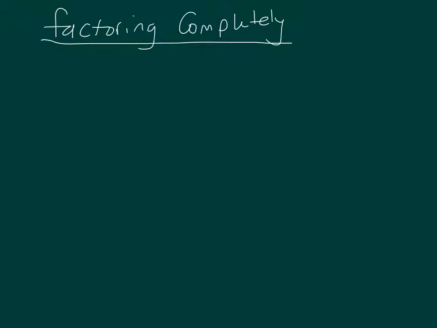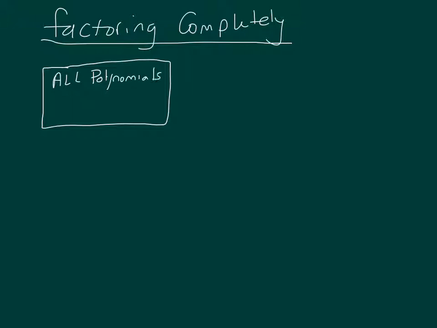So if I'm going to factor, the first thing I'm going to do for all polynomials is I'm going to factor out the GCF. So that's what I do for all polynomials.